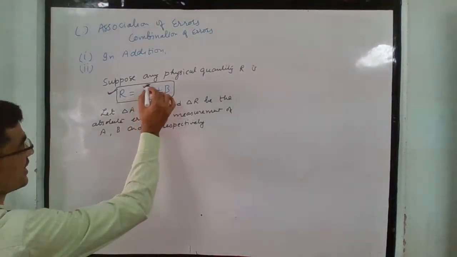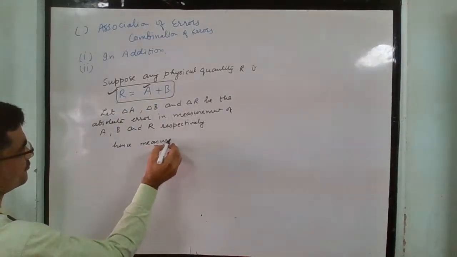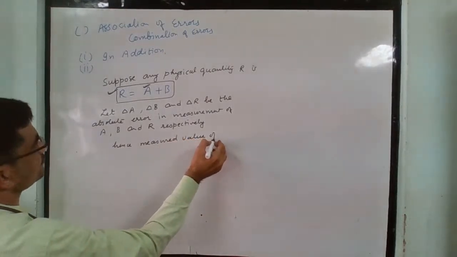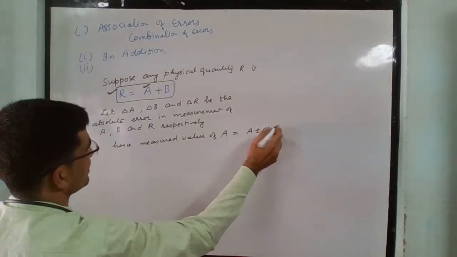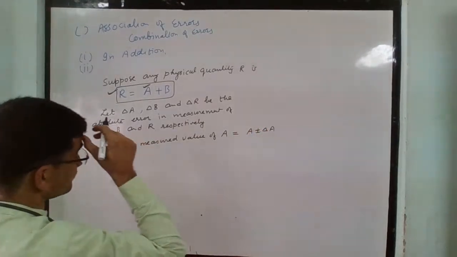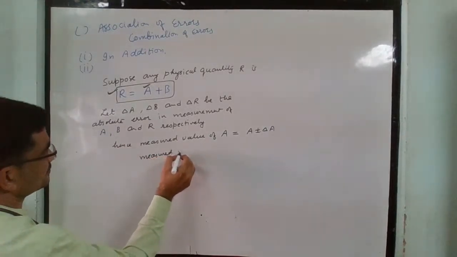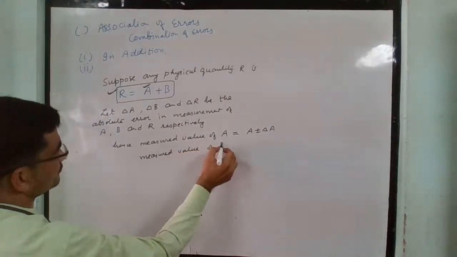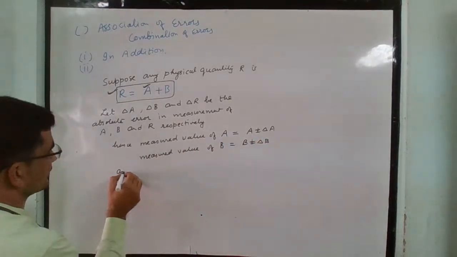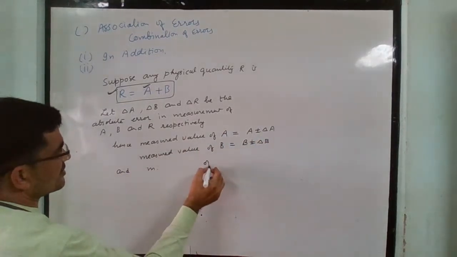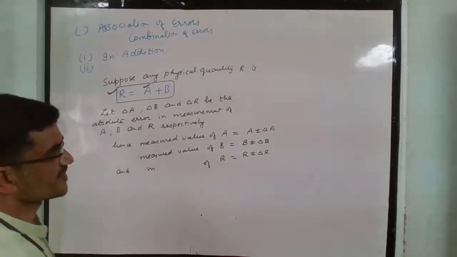So how can we write A? Hence, the measured value of A will be A plus minus delta A. And similarly, the measured value of B is B plus minus delta B, and the measured value of R will be R plus minus delta R. Clear?